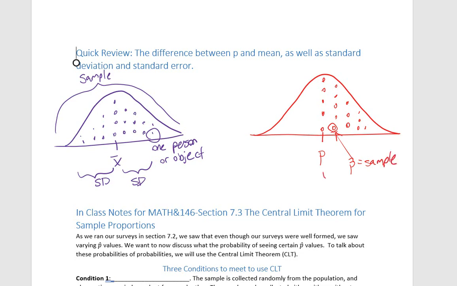And then how far a sample is typically off from the population is standard error. So on this side, we're looking at a single person as a dot. Over here, each dot represents a sample of people, and we're comparing it to a larger picture of a population. So this whole thing is not the sample, it's the population.